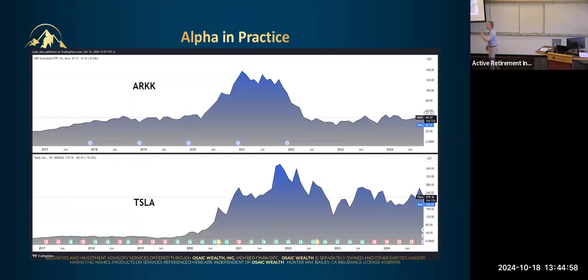And this is because, I don't remember what the actual concentration number was, I couldn't find that quickly enough, but they had a huge position of Tesla in their fund. Absolutely massive, because she was completely convinced that Tesla was going to do amazing. So when Tesla went flying upwards, her fund as well, the net asset value of everything in her fund, started really going up towards the sky.